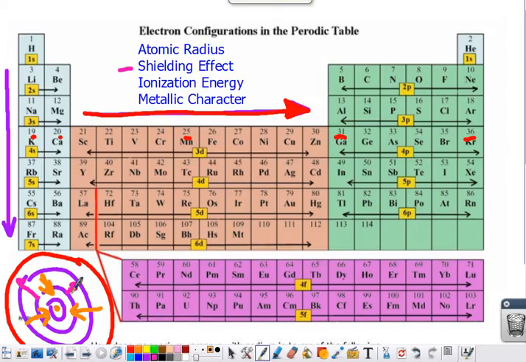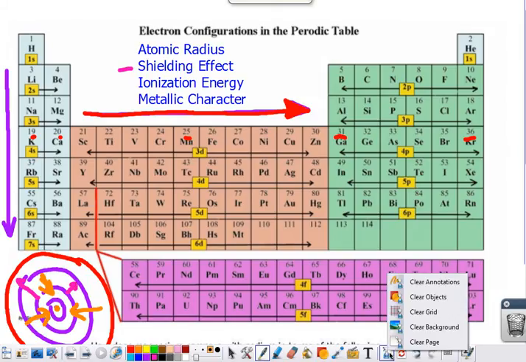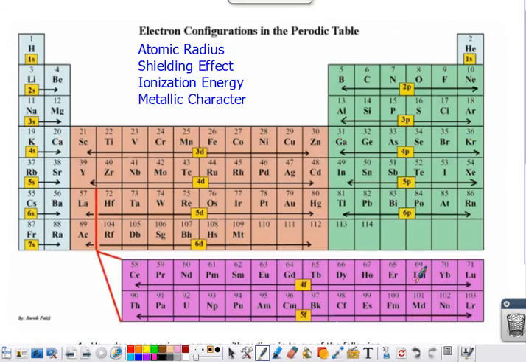Okay, let's get rid of all those annotations and talk about ionization. Ionization is the energy to remove an electron. And this actually follows a similar pattern to atomic radius.